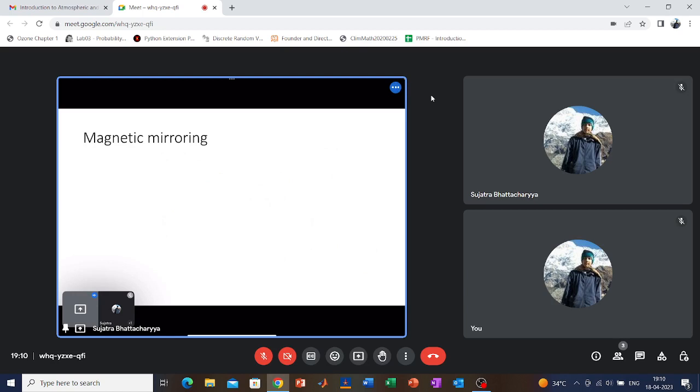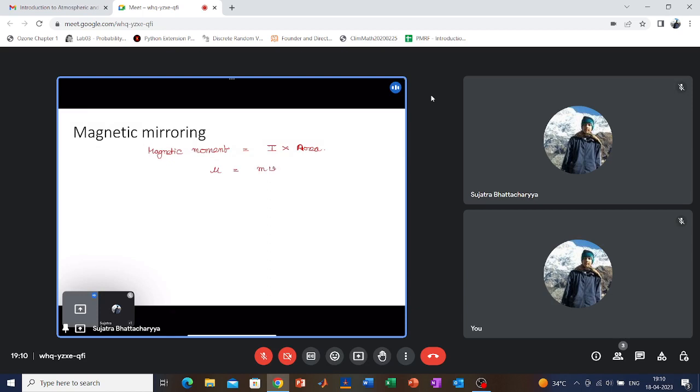Okay. So I will start with the expression of the magnetic moment. This magnetic moment, as we know, is defined as the current times the area. This is the area. And mu is how the magnetic moment is represented.